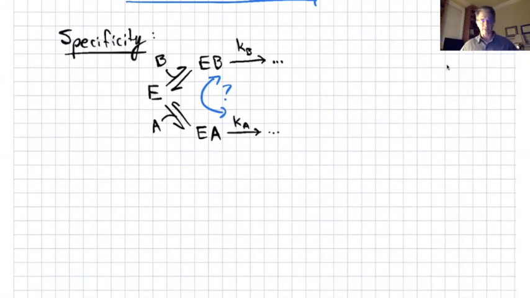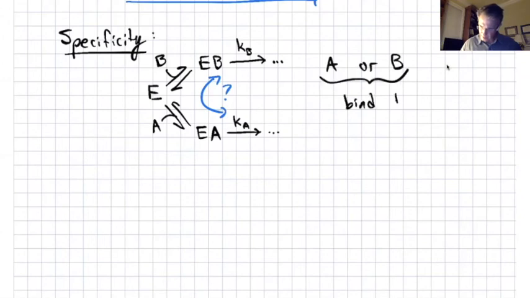This is where kcat over Km is really useful. Remember, in both cases, what's going to determine the rate of conversion is how well each substrate, A or B, binds to the free enzyme.